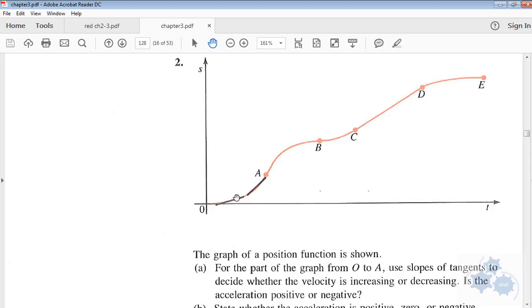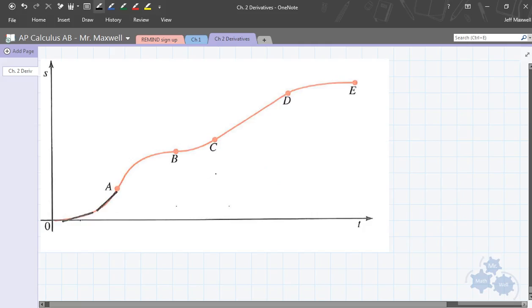They are getting larger. So let's say the slope of this line right here is about 0.8, and the slope of this line is like 1.5. This would be the velocity, let's say meters per second. So between 0 and A, the velocities are increasing.